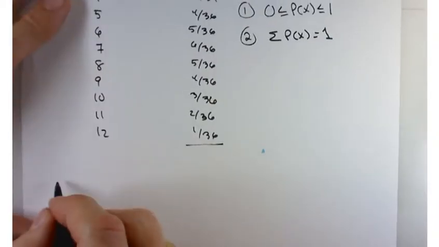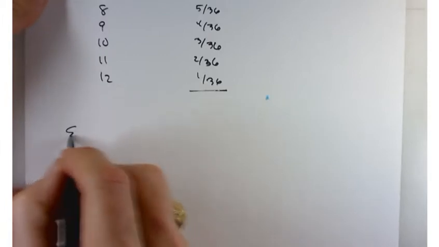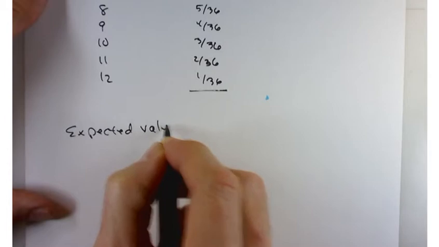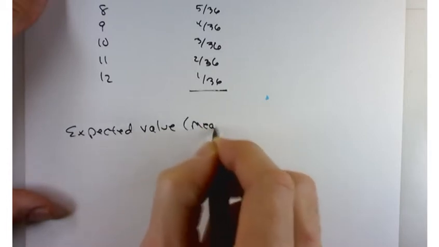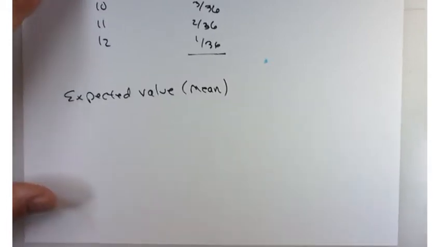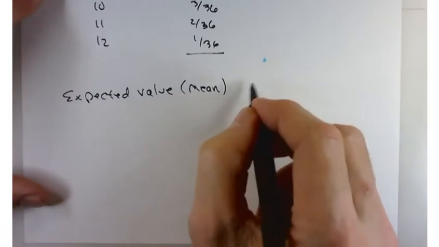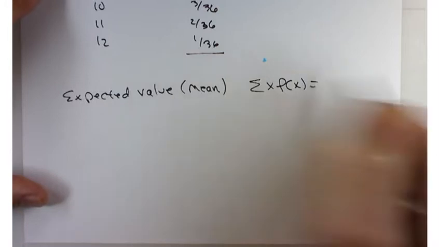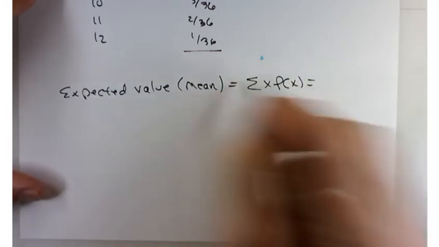So the mean, or the expected value, which is your mean, is going to come from this calculation. It's going to be the sum of x times p of x.